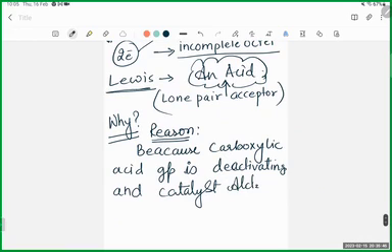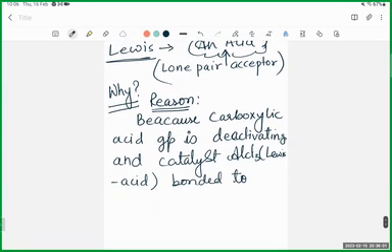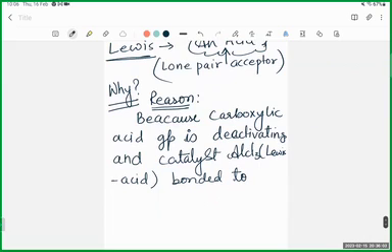What is the nature you have seen of AlCl3? Lewis acid. Bonded to the carboxylic acid. So what is the function of a catalyst? A catalyst is only to enhance the rate of the reaction. But here the catalyst is acting, it is reacting. So that is the problem. Are you clear? Yes, ma'am.